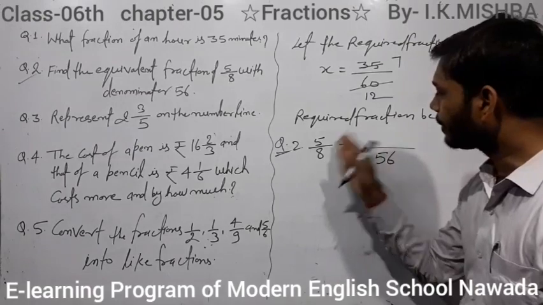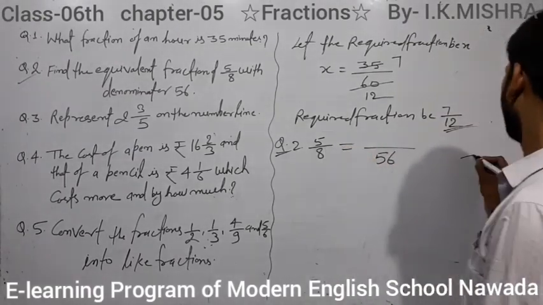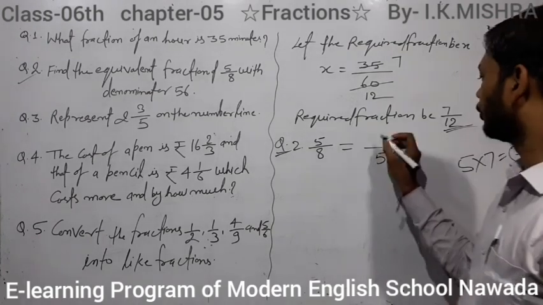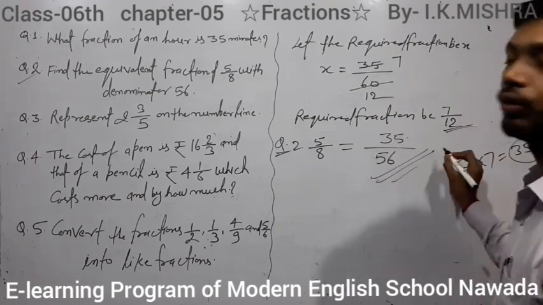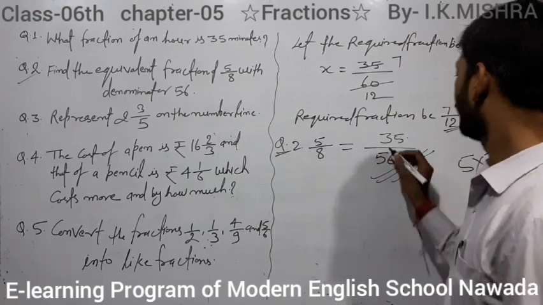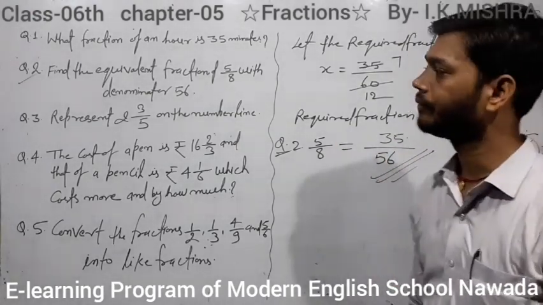So multiply 7 in the numerator too. That means 5 into 7 is equal to 35. So the numerator is 35, and your required equivalent fraction is 35 by 56, which is equivalent to 5 by 8.